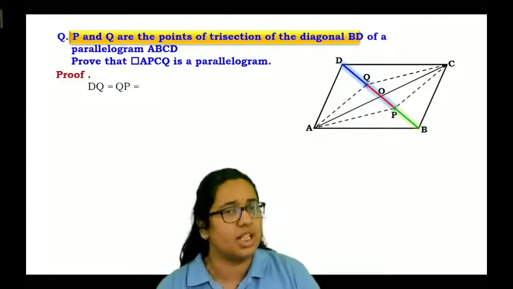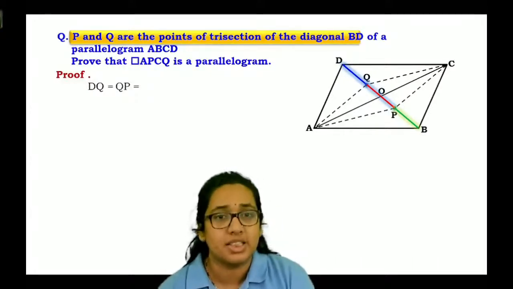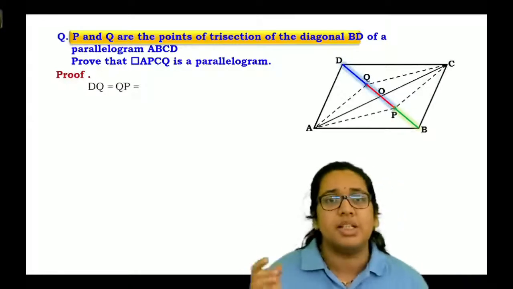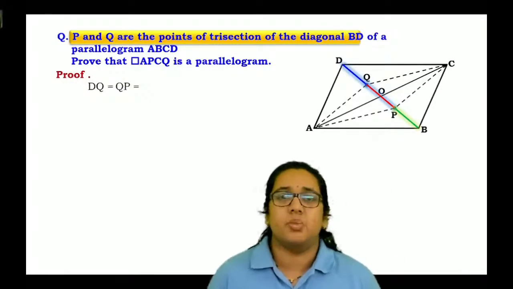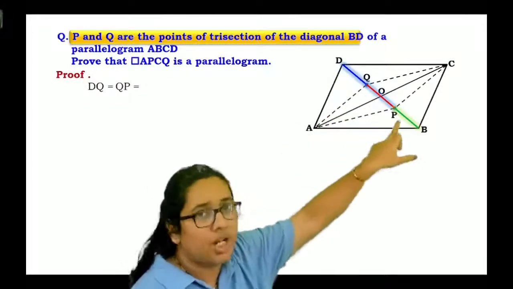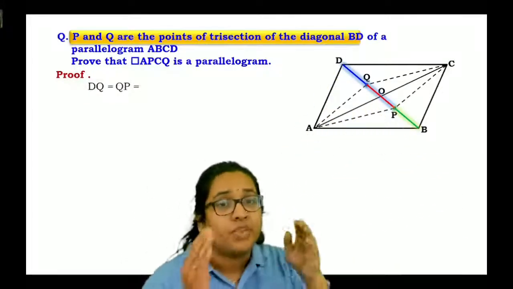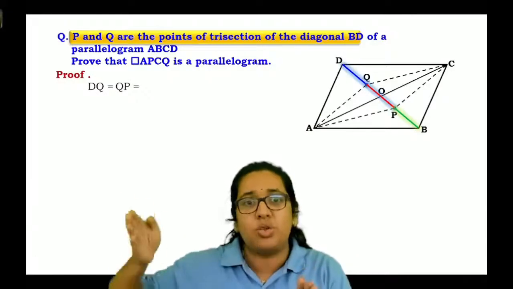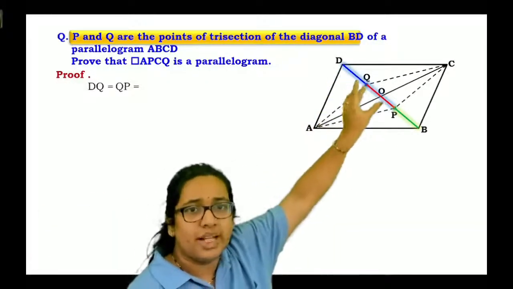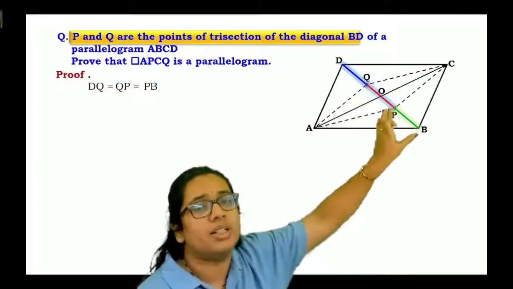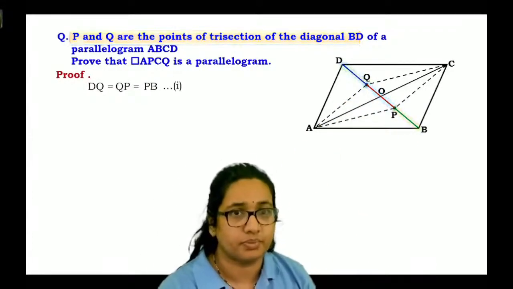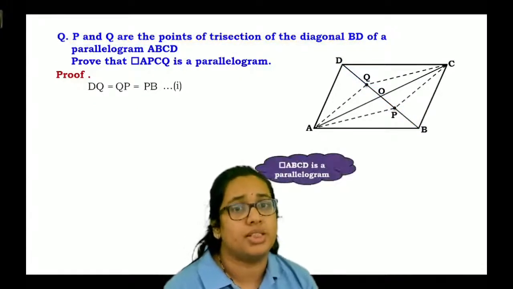Just as bisector is nothing but a point that works as a midpoint, similarly trisection means that because of these points P and Q, the whole diagonal BD will be divided into three equal parts. The first part will be DQ, the second part will be QP, and the third part will be PB. Done? Getting this one?